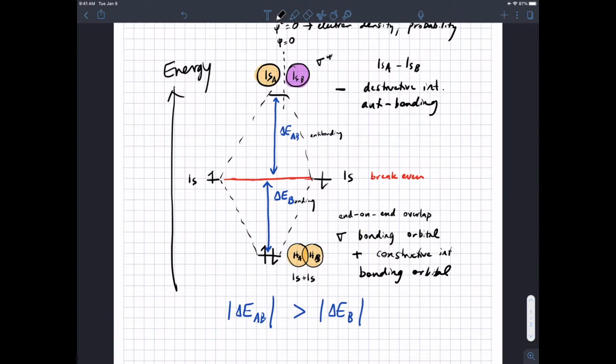For the antibond, since the electron density at that node is 0, there's no negative charge between the two, so the positive poles repel each other? Is that how it works? Well, I guess if that were all there was, then yes, the positive charges of the nuclei would repel each other.